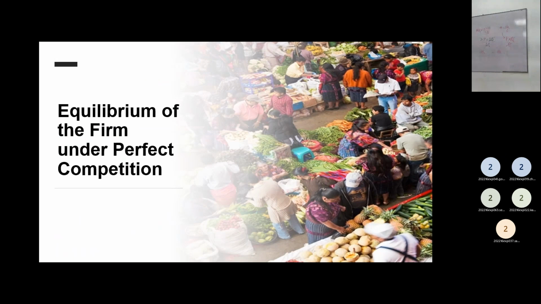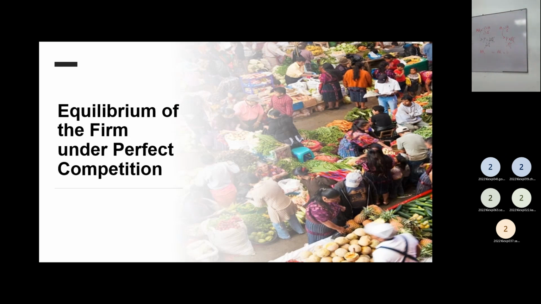Equilibrium of the firm under perfect competition. Equilibrium means the maximum output level that gives you the maximum profit, the output which gives you the maximum level of profits.